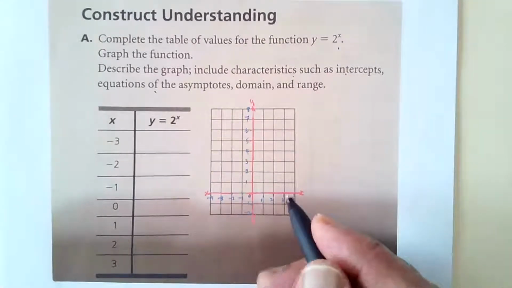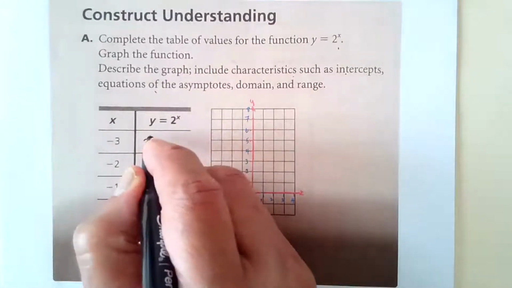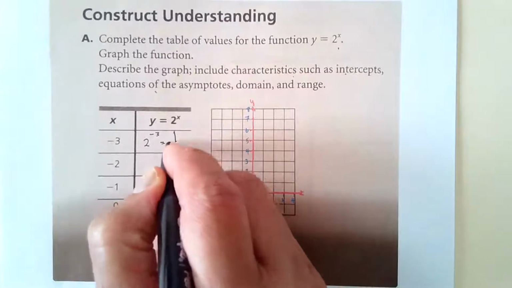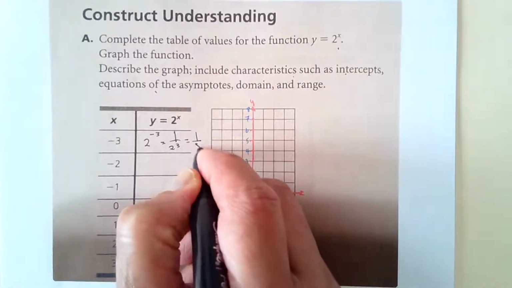So let's fill in our values. This becomes 2 to the -3, which is 1 over 2 to the 3, which is 1/8.